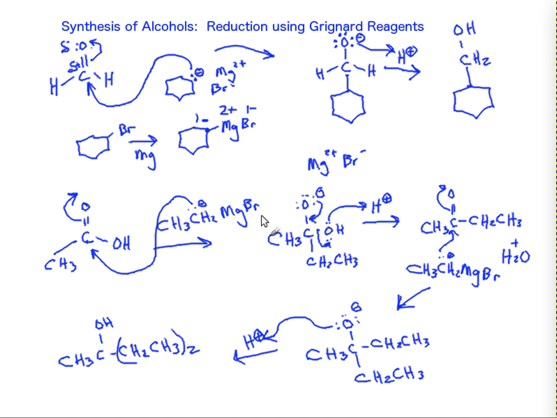And again, even though we're not adding carbon-hydrogen bonds here, these are still reduction reactions because we're reducing the number of carbon-oxygen bonds. 2 carbon-oxygen bonds to 1 in the alcohol, 3 carbon-oxygen bonds with a carboxylic acid or an ester. The first step reduces it to 2 carbon-oxygen bonds to form a ketone. And the second step reduces it even further, 1 carbon-oxygen bond in the final alcohol group.